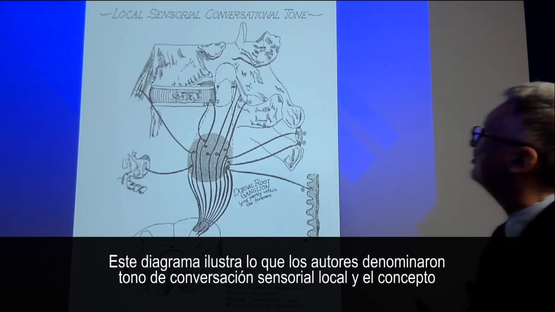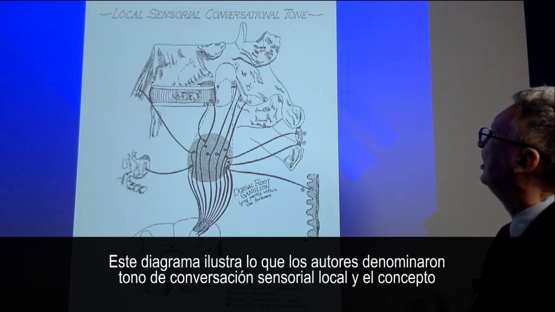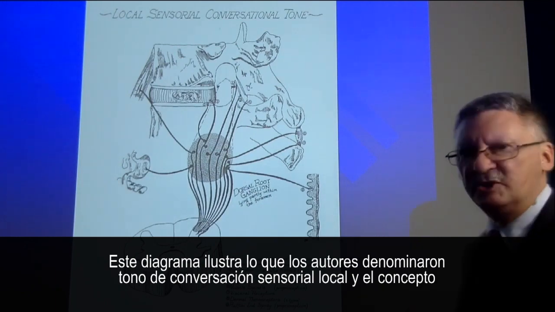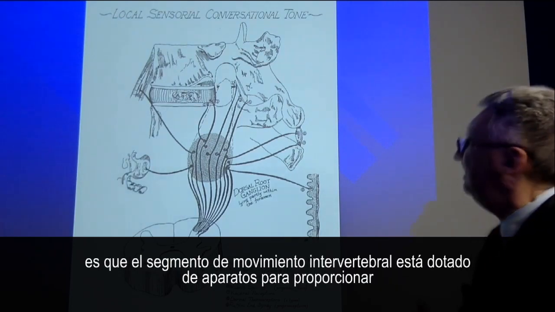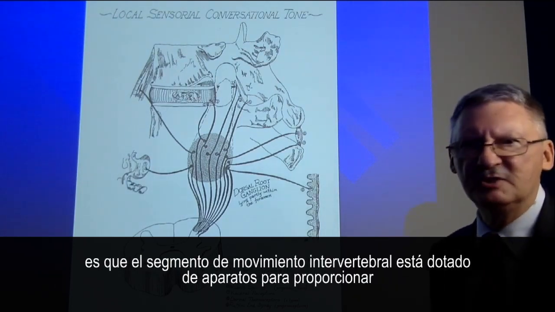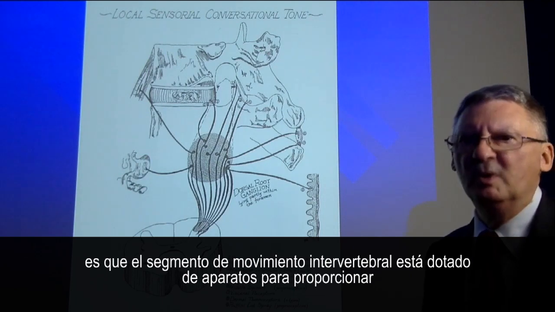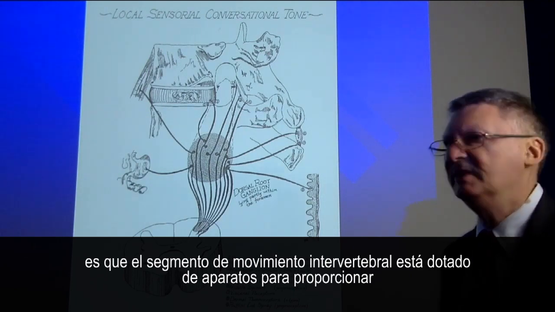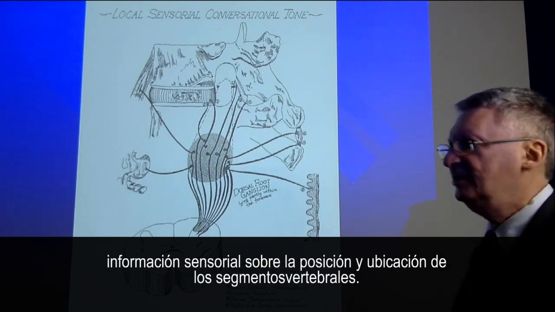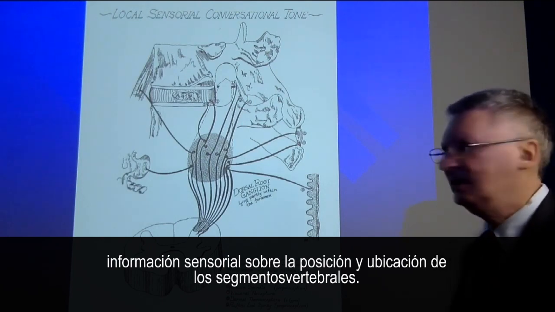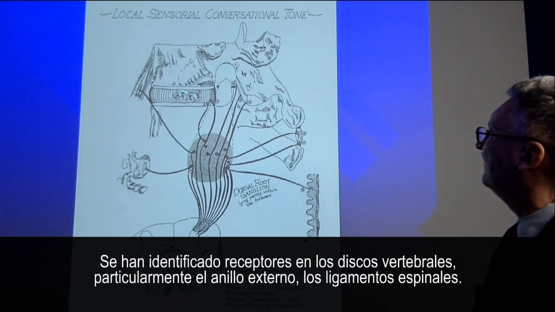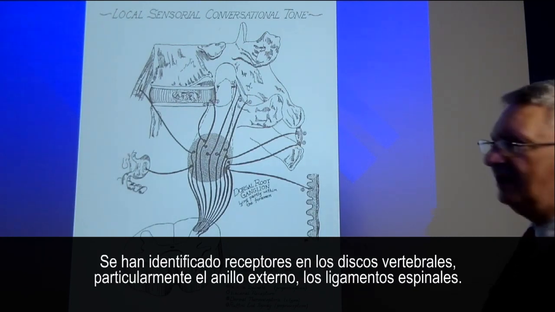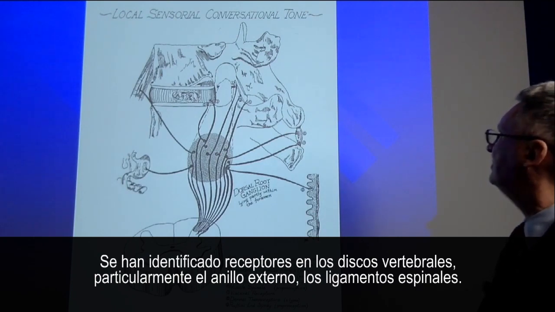This diagram illustrates what the authors termed local sensorial conversational tone. And the concept is that the intervertebral motion segment is richly endowed with apparatus to provide sensory information concerning the position and location of the vertebral segments. Receptors have been identified in the vertebral discs, particularly the outer annulus, and the spinal ligaments.